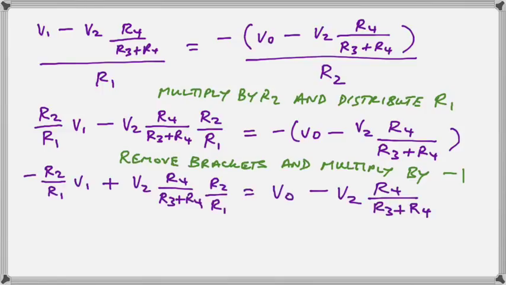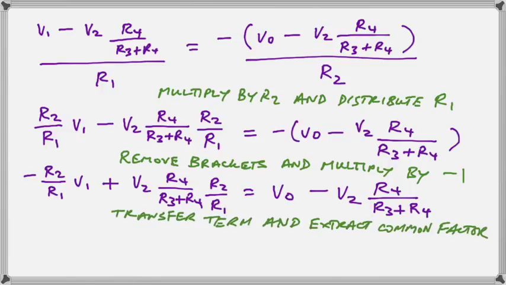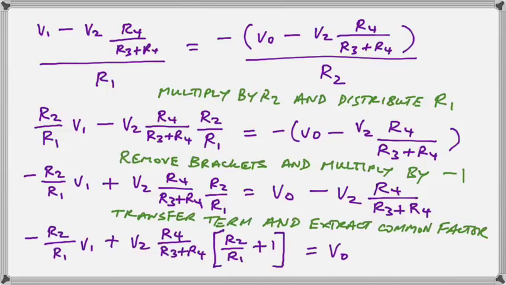Study these expressions carefully to make sure that you can do the algebra. It's quite simple algebra, but some people, particularly new students, find it to be quite challenging. Next, we want to transfer the term and extract the common factor so that we have isolated VO.